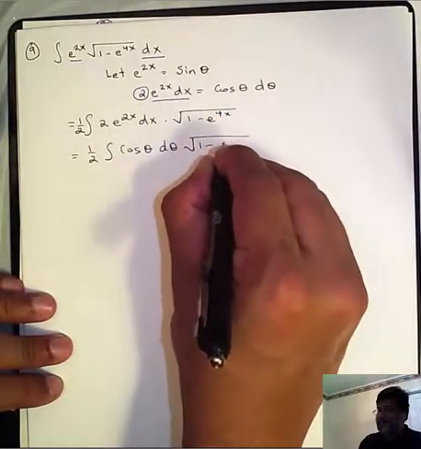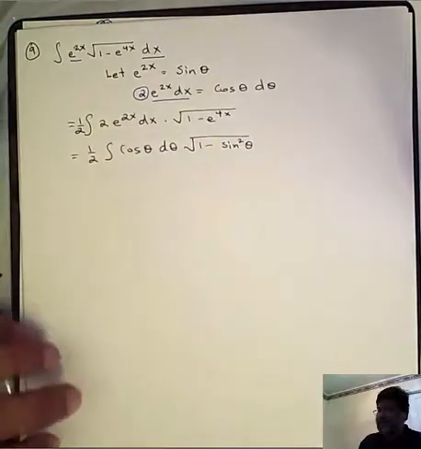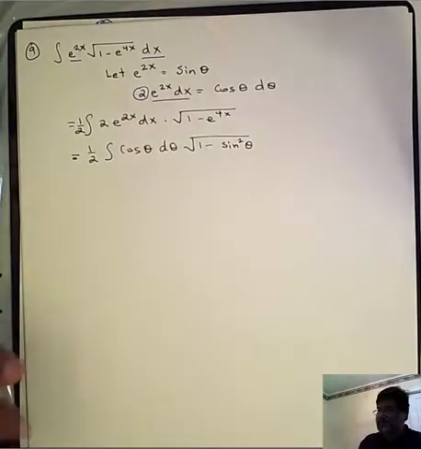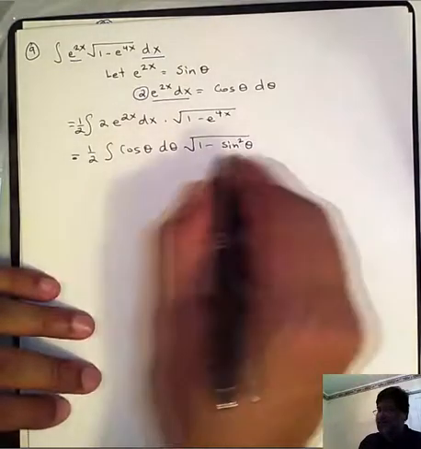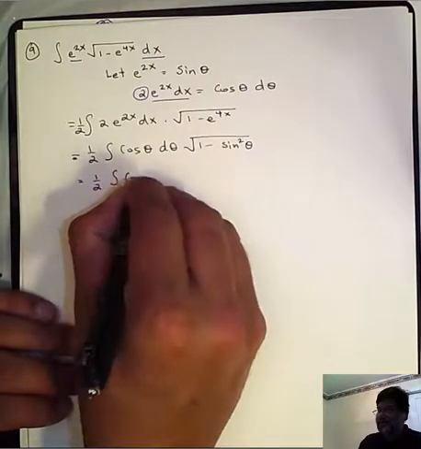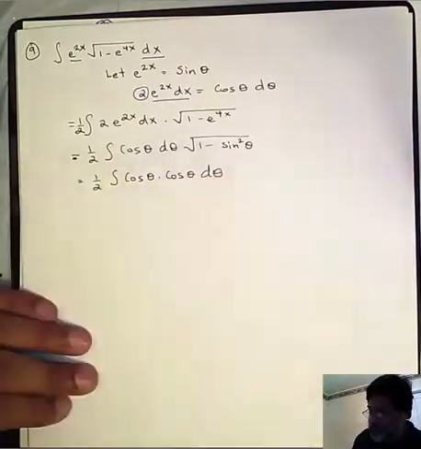And this is going to be, okay. Right. So now what? Well, we know 1 minus sine squared theta is cosine squared theta. Take the square root of that. We have cosine theta times cosine theta d theta.